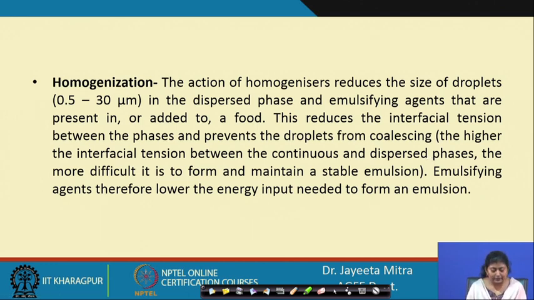The higher the interfacial tension between the continuous and disperse phases, the more difficult it is to form and maintain the stable emulsion. So, somehow we need to lower the interfacial tension. Emulsifying agents therefore lower the energy input needed to form an emulsion.